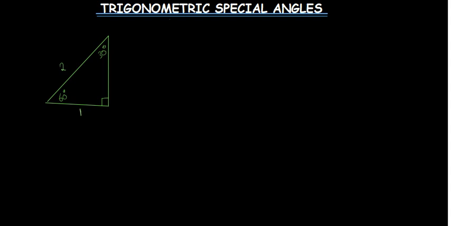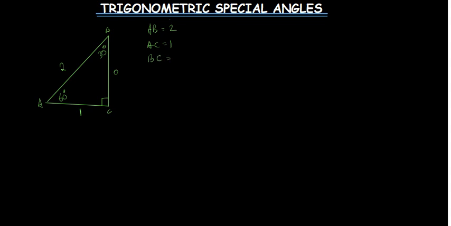The question is, how do you come up with the value that's supposed to be here? This is your A, this is your B, and that's your C. Your AB is 2, your AC is 1, and we want to find what BC or CB is.